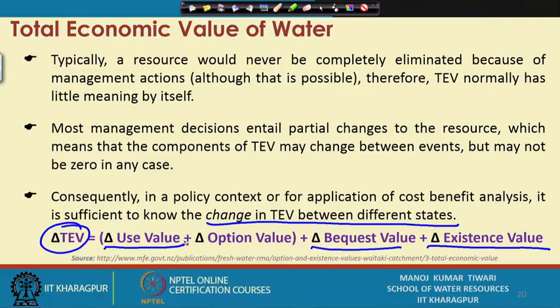So, one can independently estimate the changes in the different values, usage values, option values and non-use values, and sum all the changes with positive and negative signs. Some changes might be negative, some might be positive, or all may be positive or all negative, depending on the intervention, or depending on the project or policy.